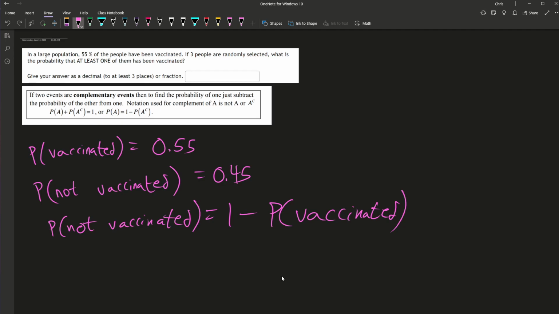The reason why this is important to this problem is because we're looking at the probability that at least one person is vaccinated out of the 3.